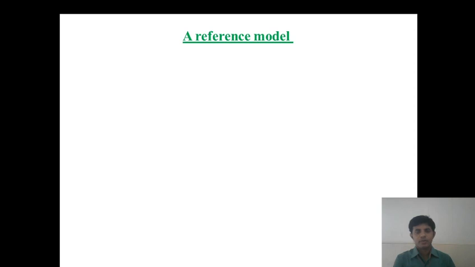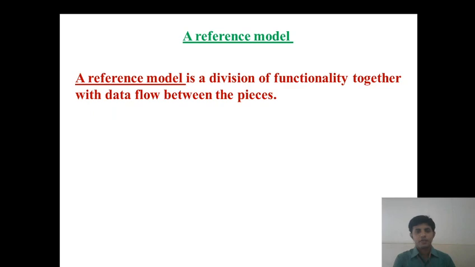Next, what is called reference model? A reference model is the division of functionality together with the data flow between the modules. A reference model gives the decomposition of your module and links between that decomposition.